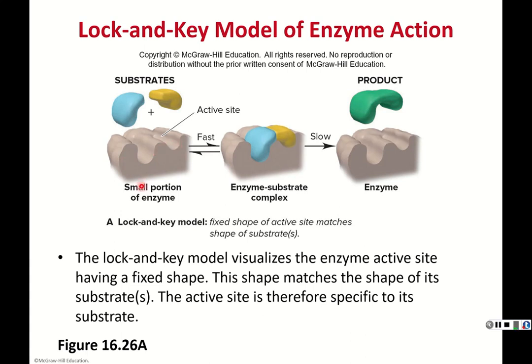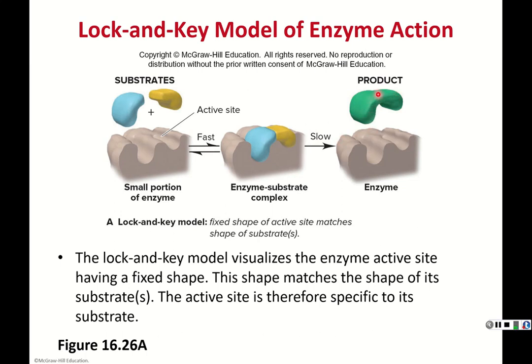So here we have our enzyme active site. The substrate or reactants come in and fit in there. So as the lock and key model suggests, this active site really fits those quite well. They're in there, and then the reaction can occur. So the fast step would be the substrates binding. The slow part is the actual chemical reaction. That'd be a rate limiting step to form our product molecule.